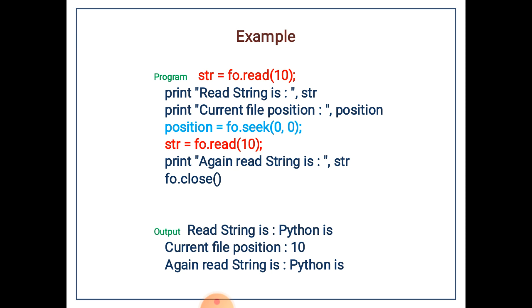So the offset here is given as 0, meaning no change in position, no number of bytes to be moved, whereas the next 0 indicates that the starting of the file is to be read again. So str = fo.read(10) again gives the same string that was read above, because the fo.seek position is 0, 0.